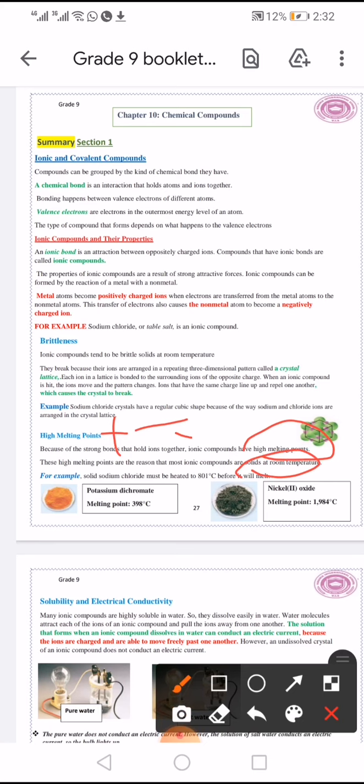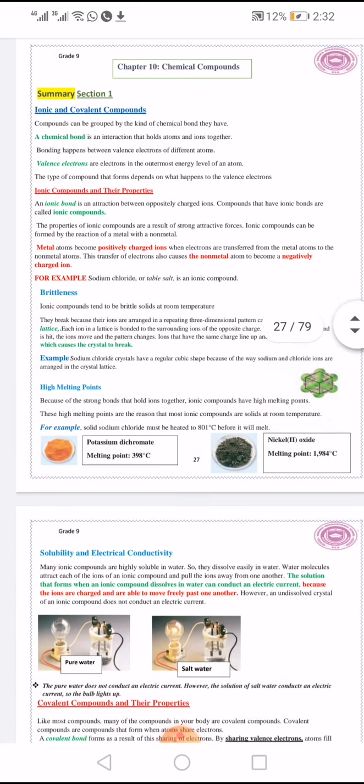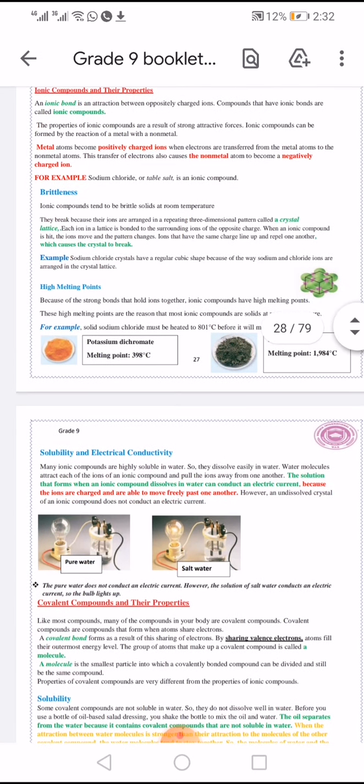For example, solid sodium chloride must be heated to 801 Celsius before it will melt. Potassium dichromate melts at 398 Celsius. Nickel oxide melts at 1984 Celsius. So the second property of ionic compounds is a high melting point.